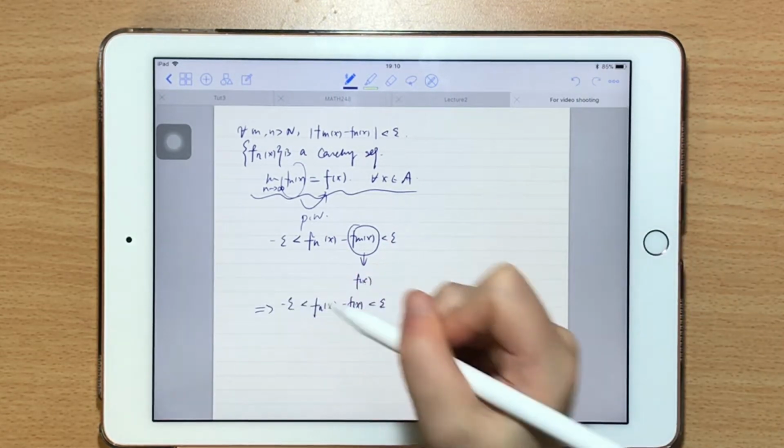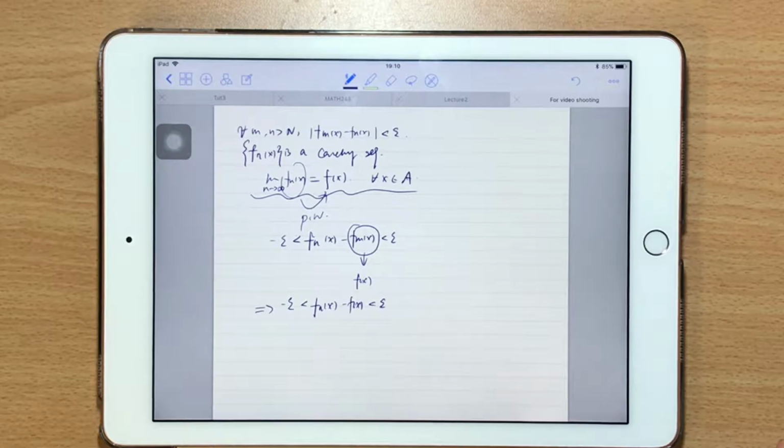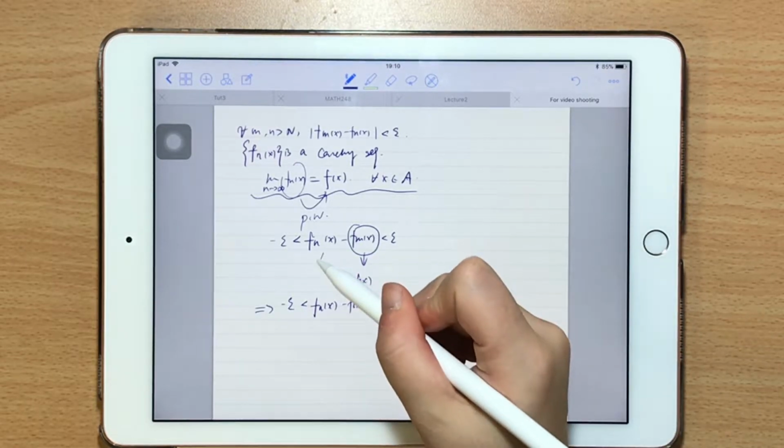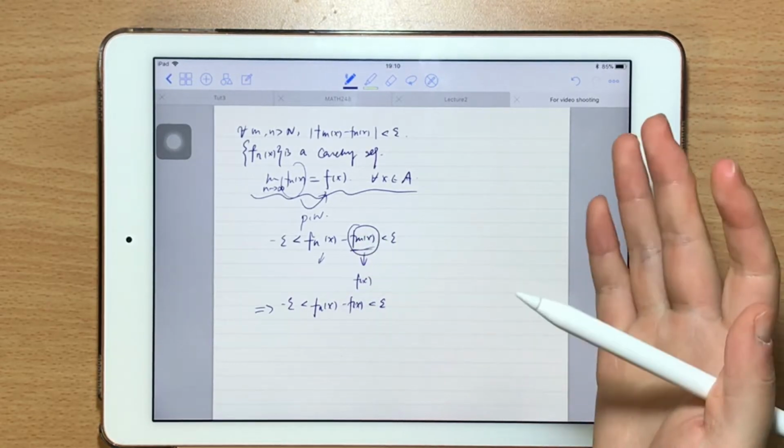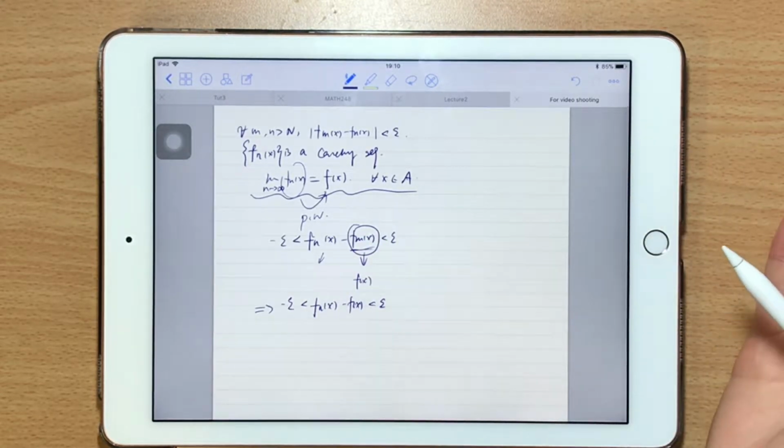Because epsilon will not be affected by taking the limit of m, and f_n(x) is kept unchanged.